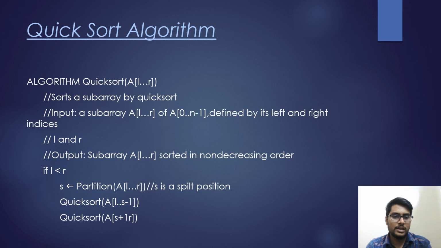If L is less than R, S is the partition of A[L..R], where S is a split position. Quicksort A[L..S-1]. Quicksort A[S+1..R].